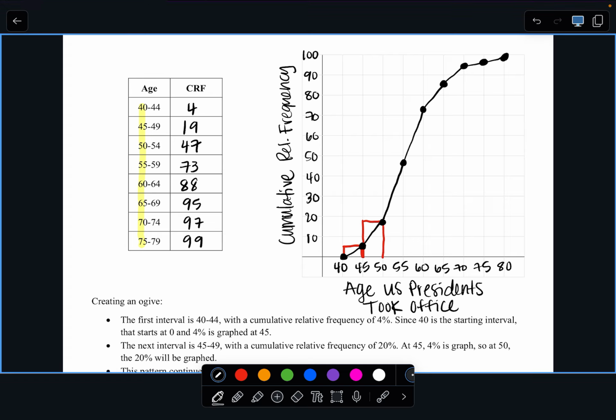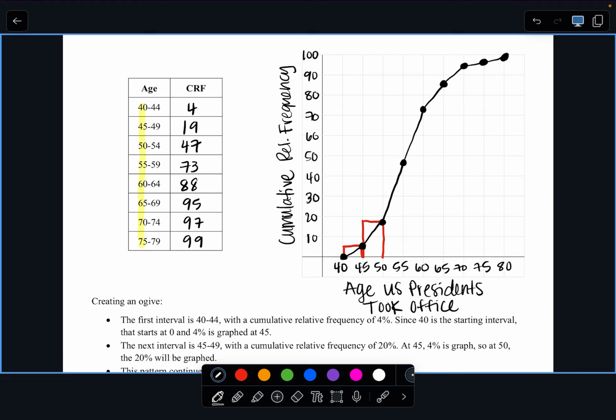Now, the point of this, again, because you will most likely just be reading it, you won't actually be graphing it. The first question they have is, at approximately what age is the 30th percentile? So the way I find this, and it may not be the same exact value you have on yours, just because you're eyeballing it.